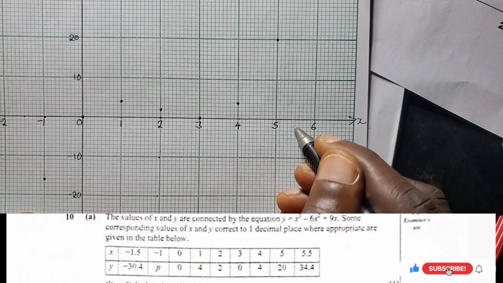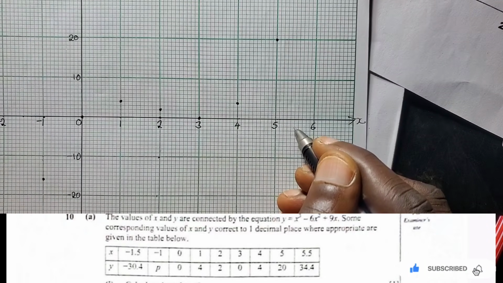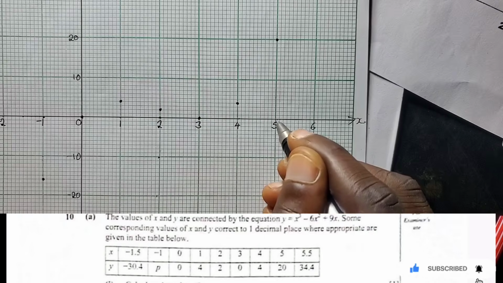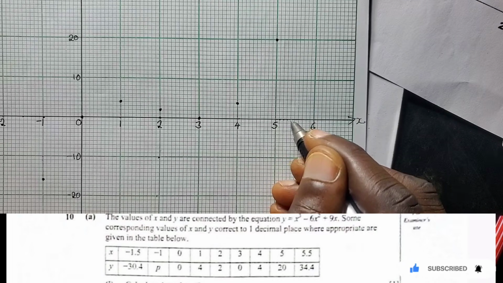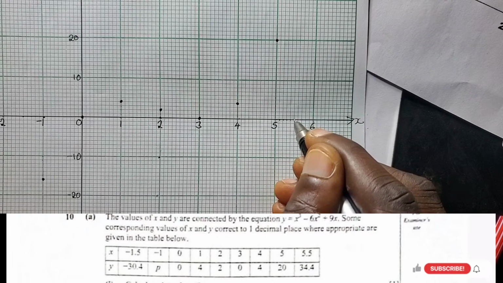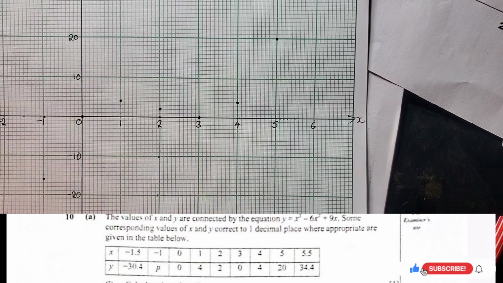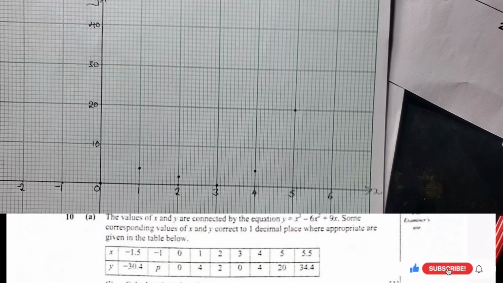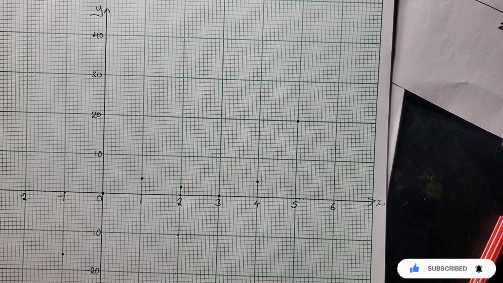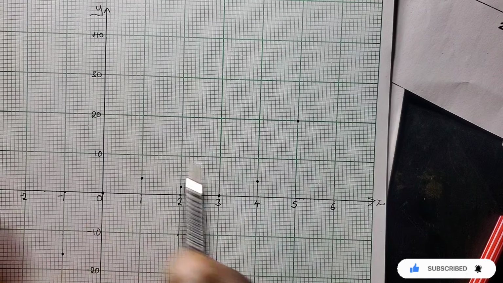5.5 is here, in between 5 and 6. So 5.1, 0.2, 0.3, 0.4, 0.5. 5.5, 34.4. So this is where 30 is.